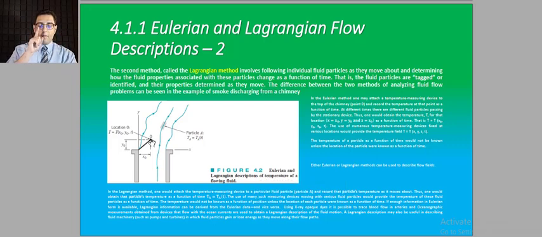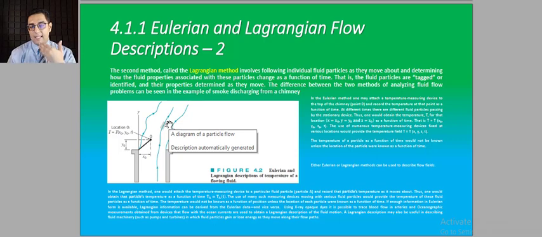And furthermore, we can analyze the particles passing through this specific point. However, on the other hand, if we tag particles like this, and we analyze this tagged particle at every instant, we're using the Lagrangian method.